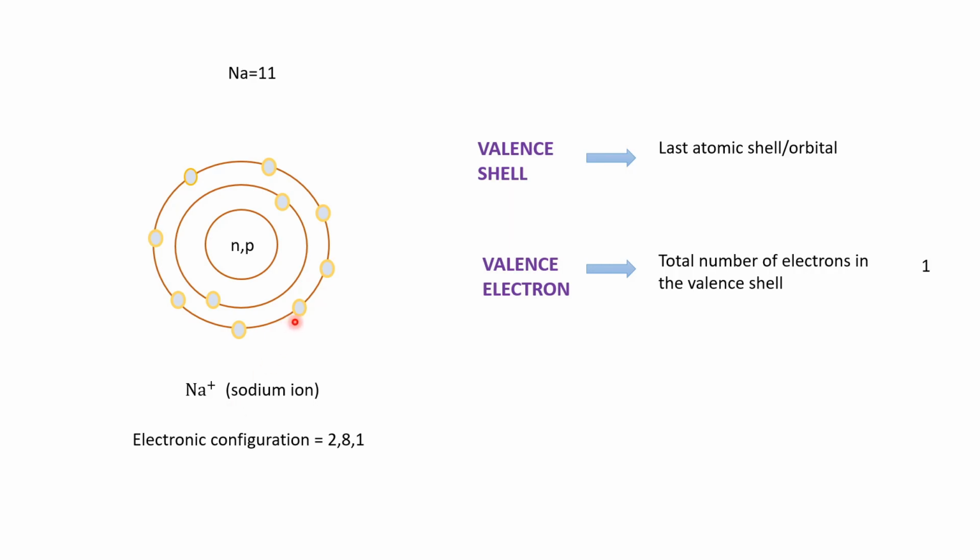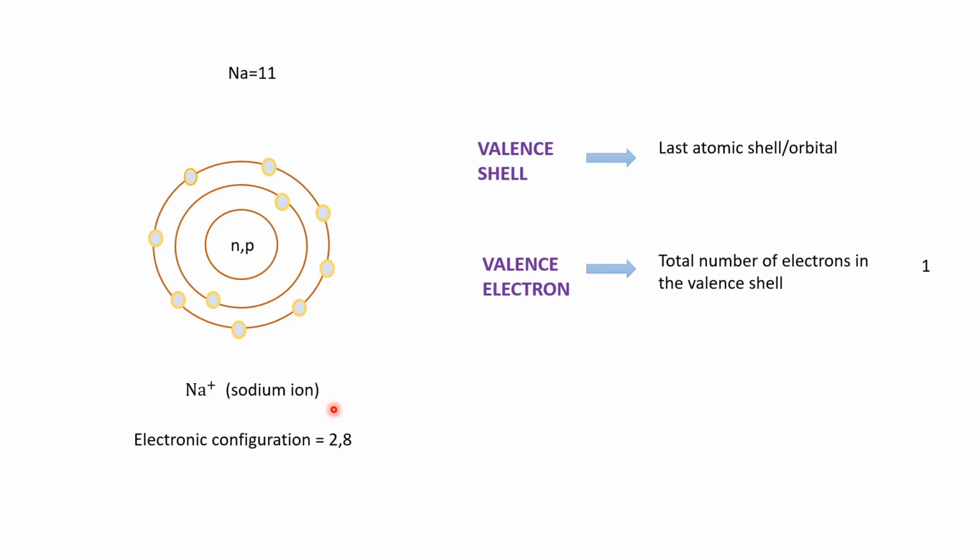If negativity goes from an atom, positivity comes. Whatever number of negative charges go, that number of positive charges come. Here only one electron left the atom, so one positive charge is with the sodium atom, and it has now become a sodium ion. The electronic configuration changes into 2, 8.